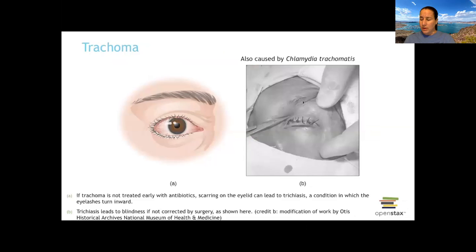Trachoma is also caused by chlamydia. It can cause conjunctivitis, and this one with trachoma is granular conjunctivitis. It can infect neonates, but this can also be spread in other ways.